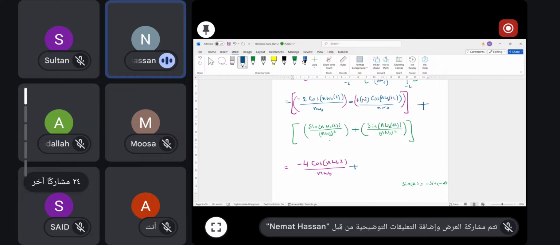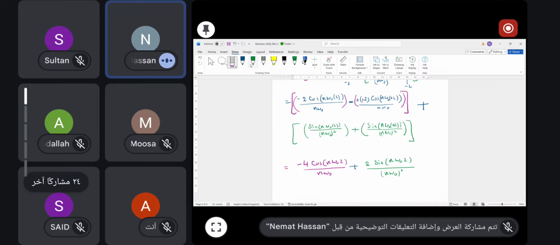So if you look here, it becomes again the same term repeated, sine n omega naught 2 over n omega naught squared. So we have 2 of it, we're using green for this one, 2 sine n omega naught 2 over n omega naught squared. So far is it good for everyone?